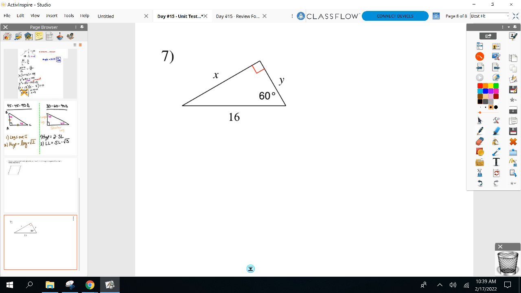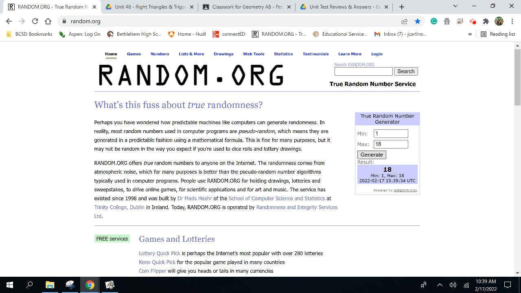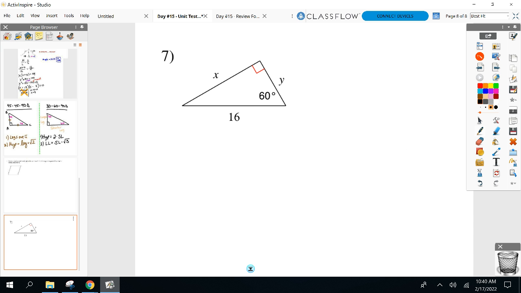Okay, find X and Y here on number 7. It's a 30, 60, 90, definitely. What are they giving me? What's the 16 called? Oh, 16 is the hypotenuse.